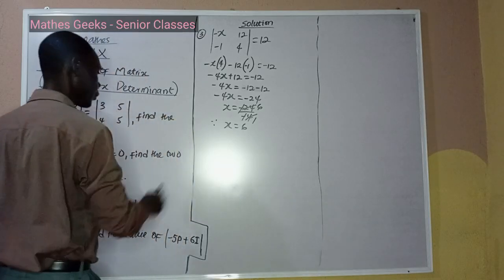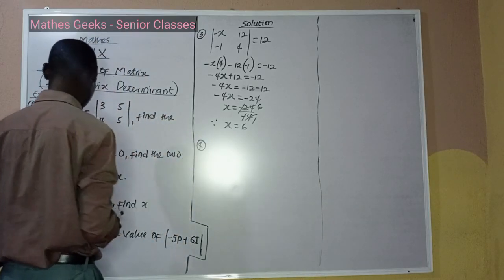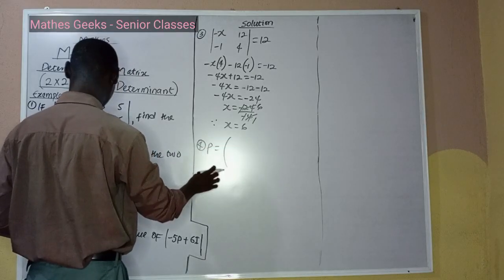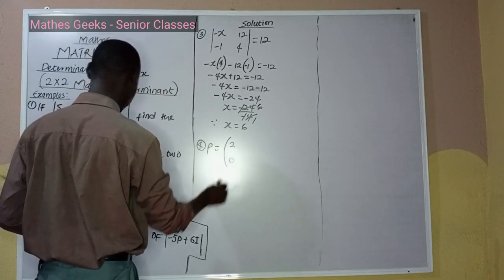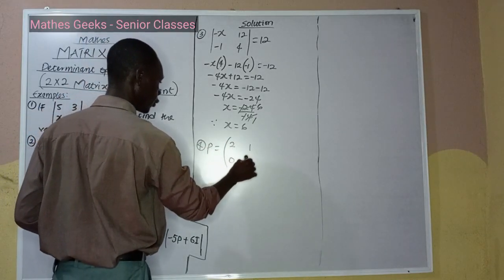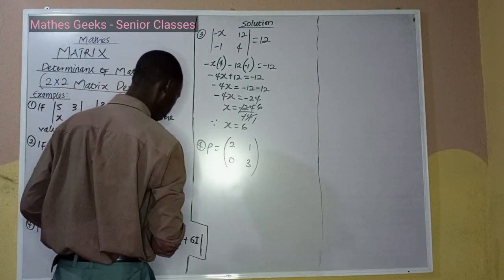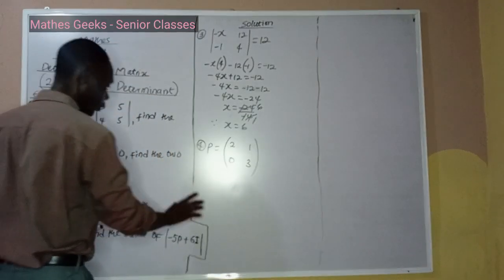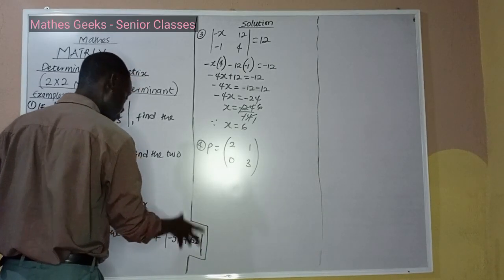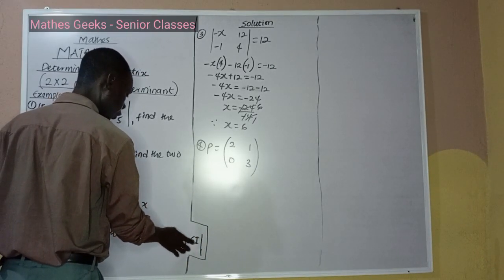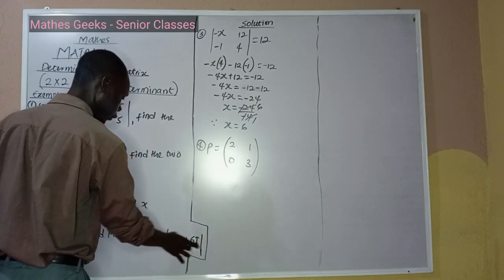Number 4. Given that P is equal to the matrix 2, 0, 1, 3, find the value of the determinant of minus 5P plus 6I. That is the determinant of the whole of this.